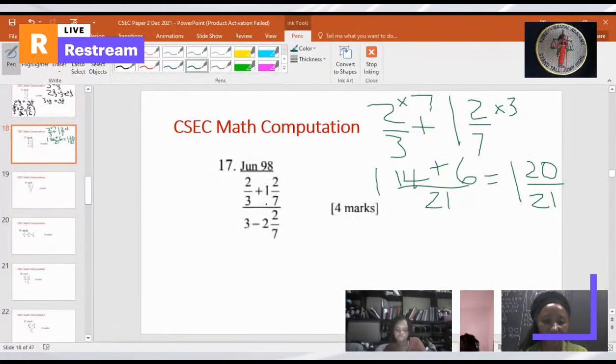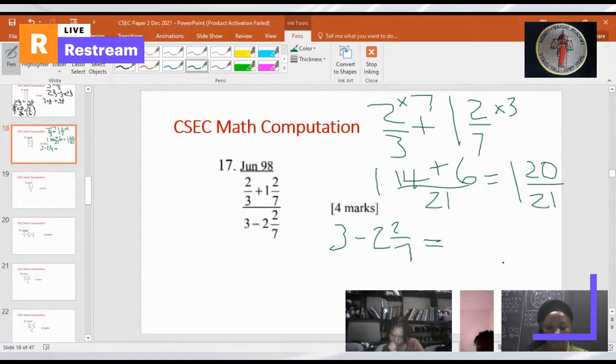For the numerator. And for the denominator now, 3 minus 2 and 2 over 7. So what do we do for that? So now we'll take 1 out of the 3, which leaves 2, and write that 1 as 7 over 7, and then write back this.